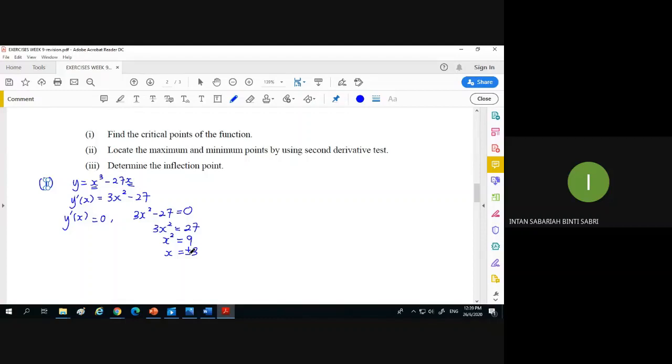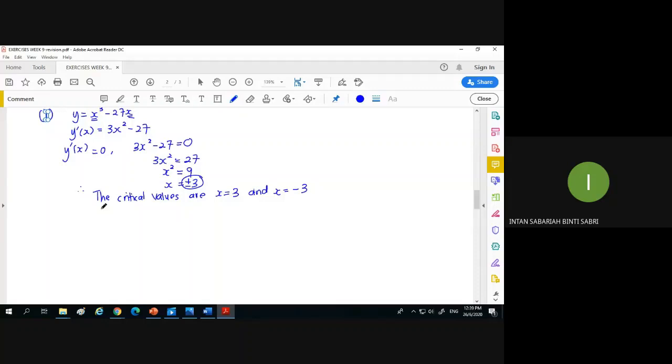Negative 3 square 9. Okay, therefore the critical values are x is equal to 3 and x is equal to negative 3. So this one you have to be careful. Mesti ada plus minus kalau melibatkan square root.